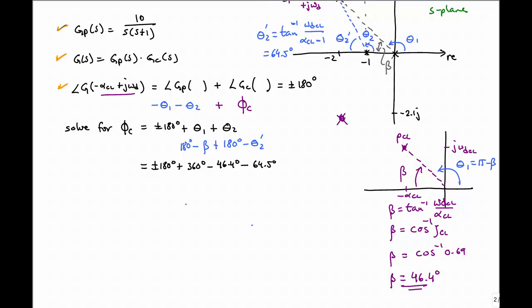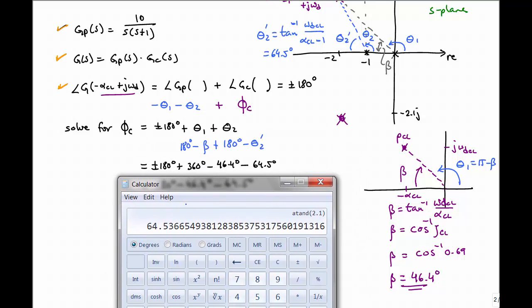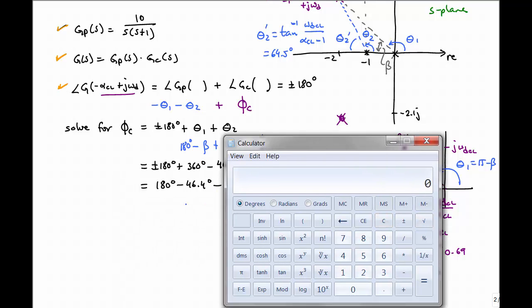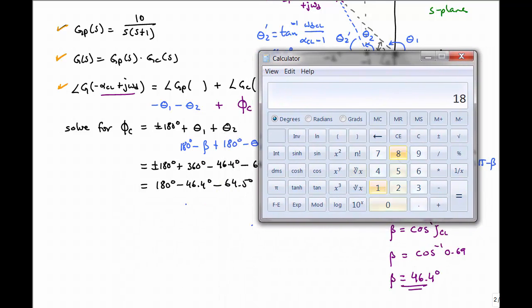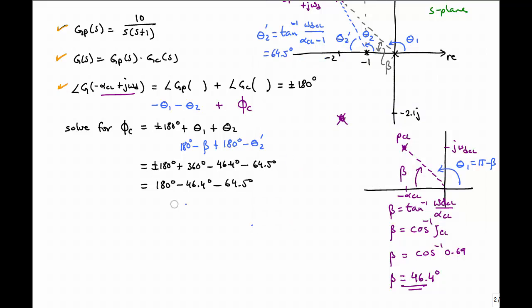So let's do 180 minus 46.4 minus 64.5. Is that right? 69.1. That doesn't look right.